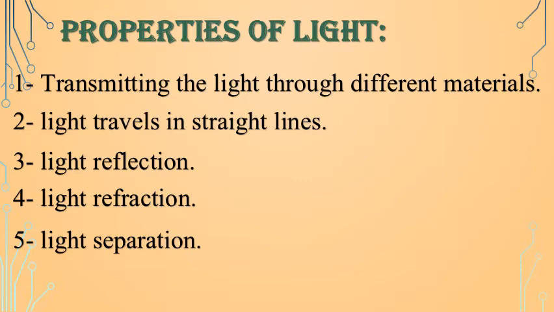Third, light reflection. Fourth, light refraction. Fifth, light separation. And I will talk about each one in detail right now. So, first one, let's say it again. Transmitting the light through different materials.